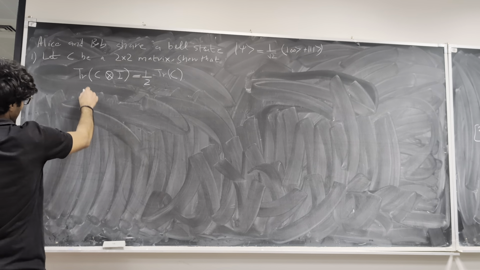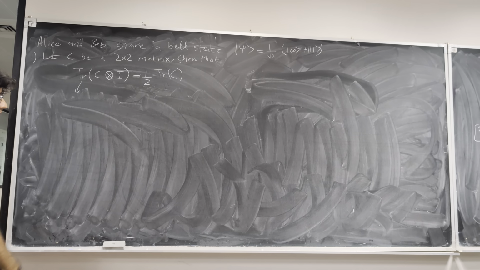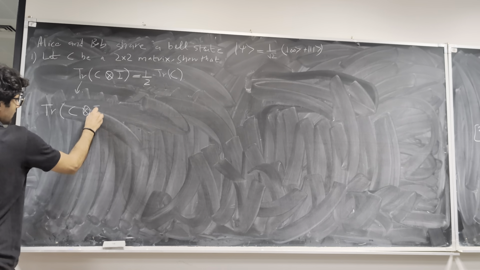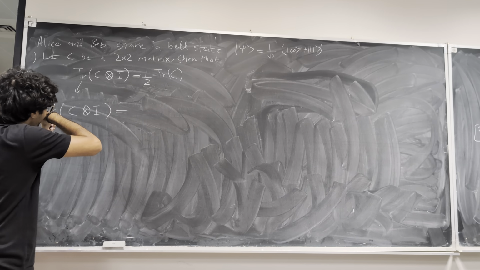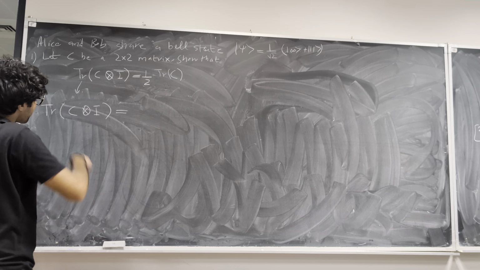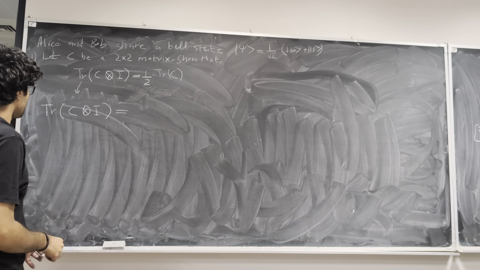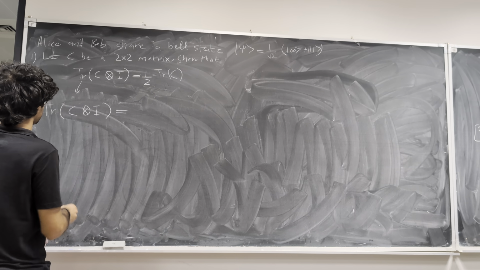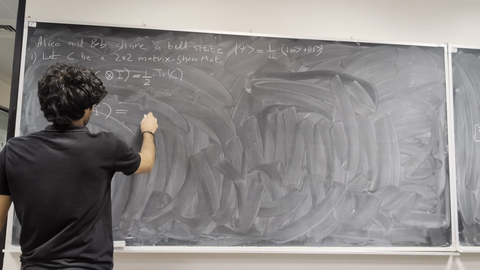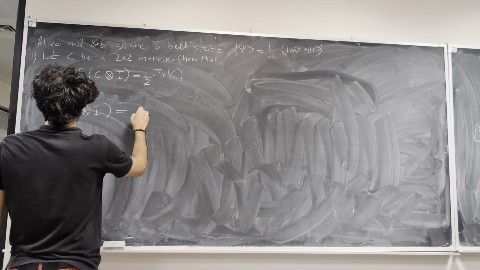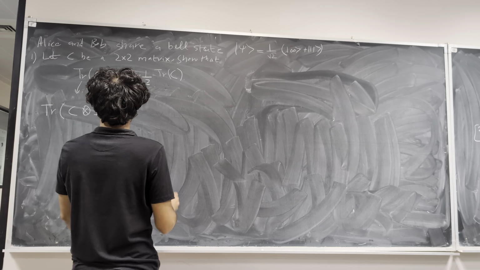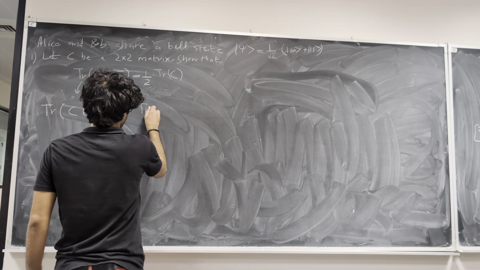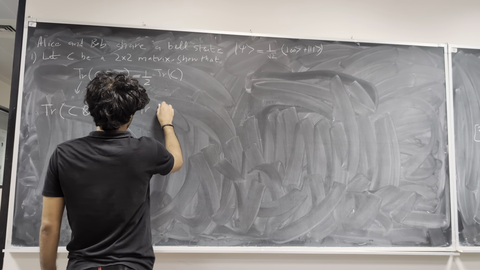Using the results that we have already used, the trace of C cross identity will be equal to what? Maybe identity times C times identity. Hold on, just a second.